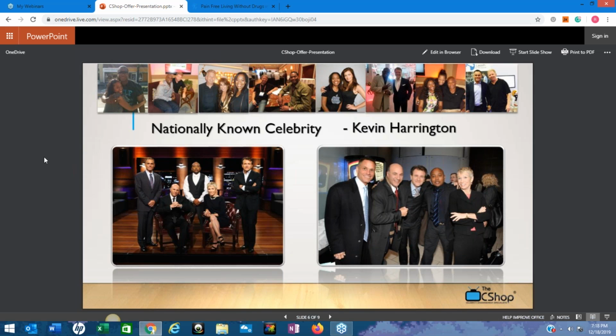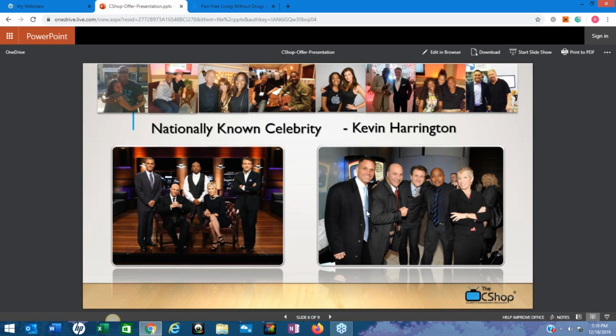His name is Kevin Harrington, and he's one of the Shark Tank stars. Kevin is also on television all the time on things like Good Morning America, The View. He sold over $6 billion worth of products, and he's the good-looking guy on the left-hand side of the Shark Tank scene there. If you look at the left-hand picture, that's Kevin. You see him again there in a picture on the right-hand side. He has the blue tie.